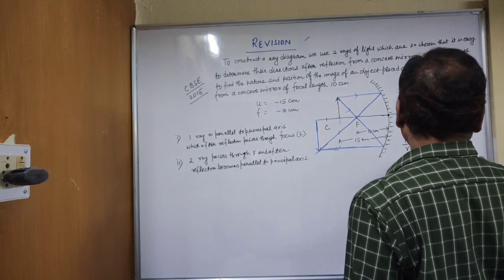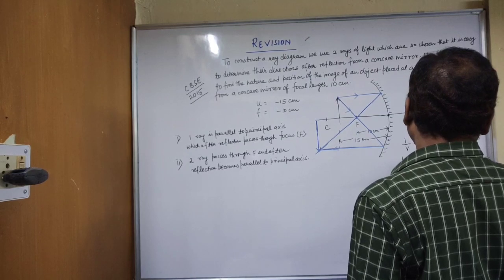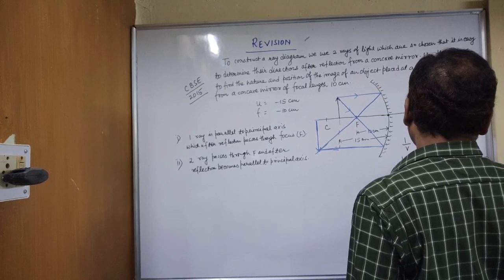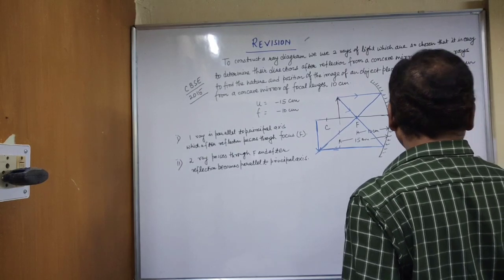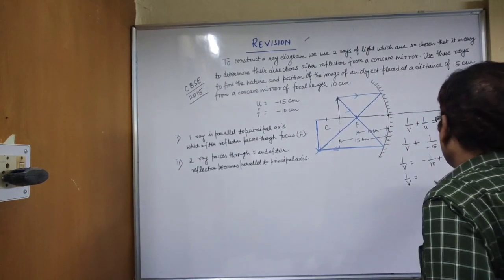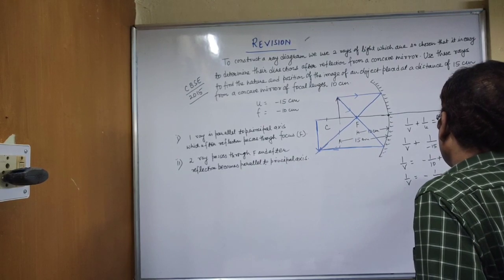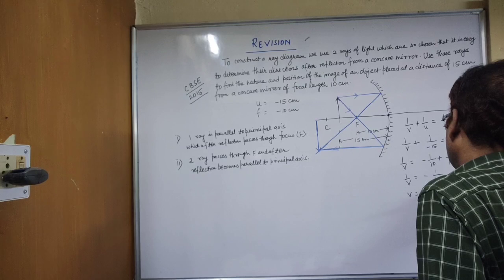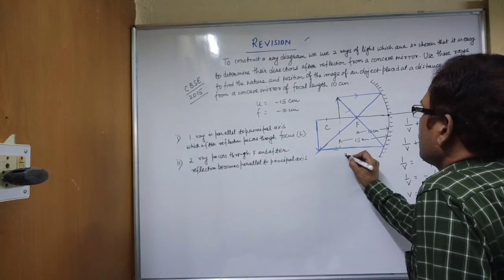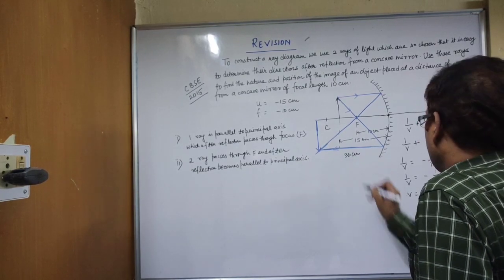So a similar type of question. It will be minus 1 by 10 plus 1 by 15. So 1 by v is equal to minus 1 by 30. So v is equal to minus 30 centimeter. So this distance is 30 centimeter.